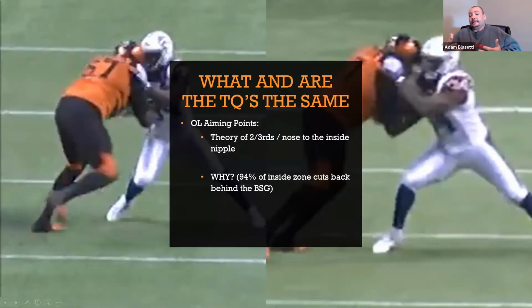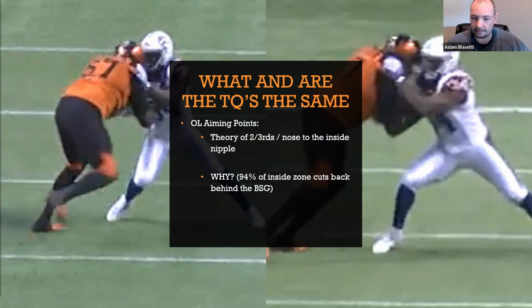Now, techniques. What are they? Are they the same? And some things to think about. First, we're going to start with aiming points. And aiming points are crucial. It's crucial to give our O-linemen landmarks, because landmarks really enforce muscle memory. As funny as it sounds, they're almost ingrained into each other.